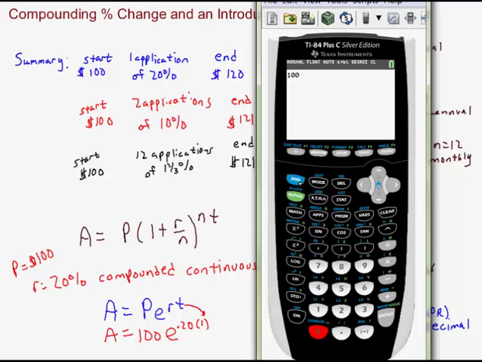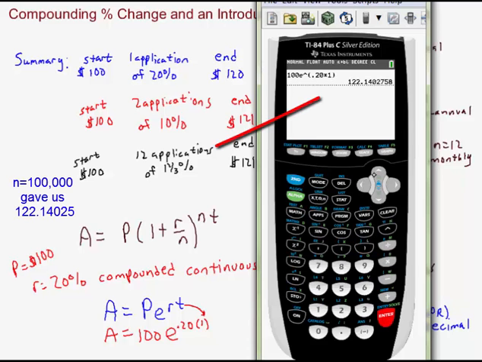One way to do this is to hit second, ln, and you'll get e, caret, left parenthesis, and I want 0.20. It's particularly handy to have a parenthesis here if you are multiplying by something other than 1. In fact, let me just write times 1 even though it's obvious, and tell you that if it wasn't for the parentheses, it would not think of the 1 in the exponent position, so it would be incorrect if this number was anything other than 1.